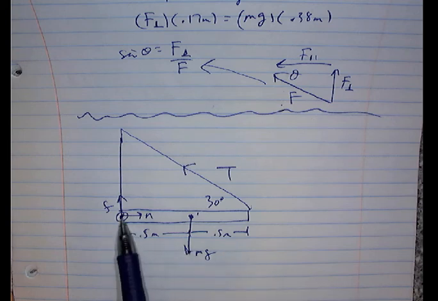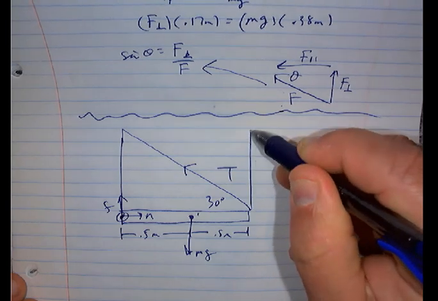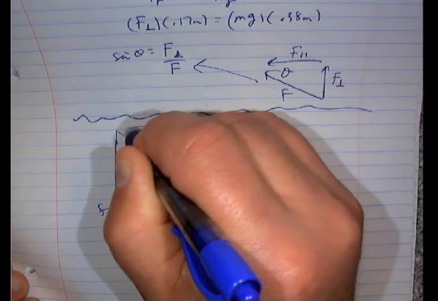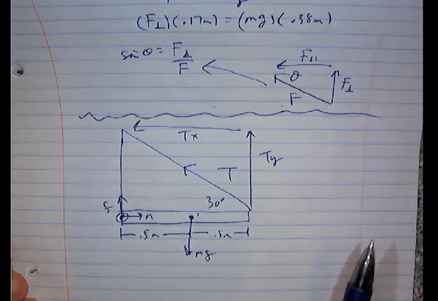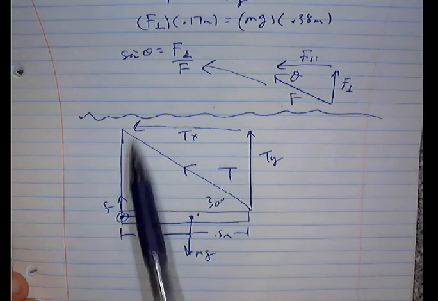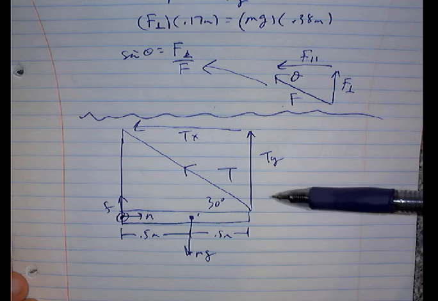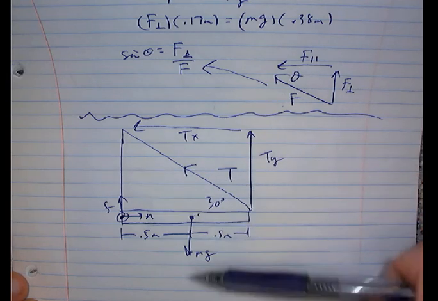I know there has to be a normal force this way because this tension has a y part and this tension has an x part if I break it into components. So whatever force is to the left, Tx, has to be balanced by some force to the right. Whatever forces we have up, Ty and F, have to be equal to mg down.